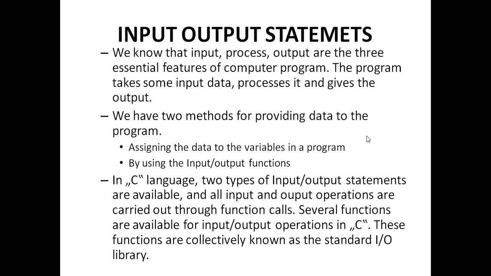In C language, two types of input output statements are available, and all input and output operations are carried out through function calls. So all these input output operations are performed using function calls. Several functions are available for input output operations in C programming.